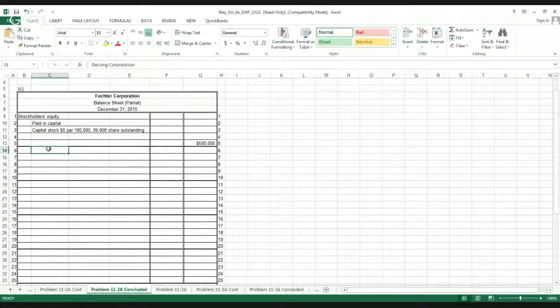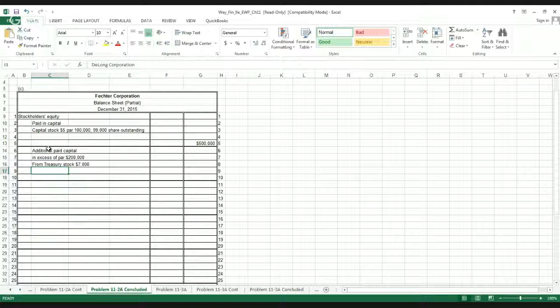So let's look at the additional paid in capital, in excess of par. We've got the 200,000, and we're told this. We've got the 200,000, and then we've got from the treasury stock, let's see here, we've got 7,000.